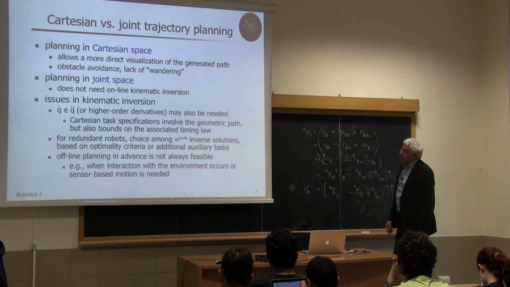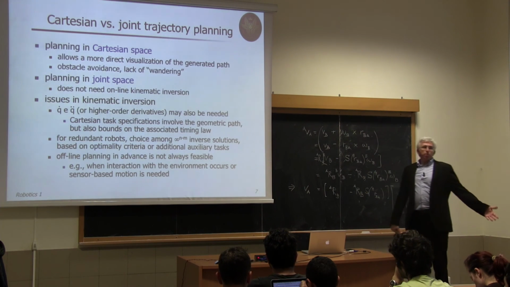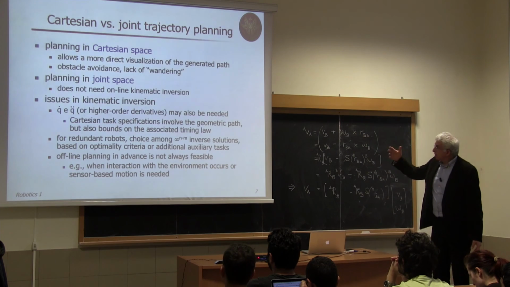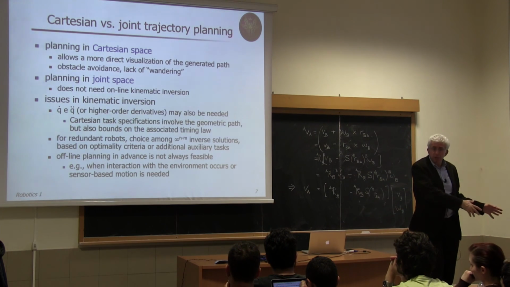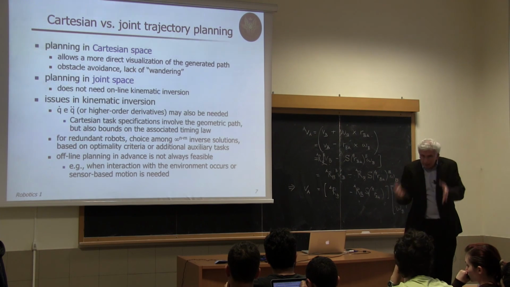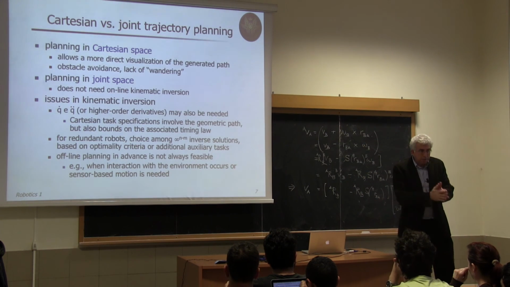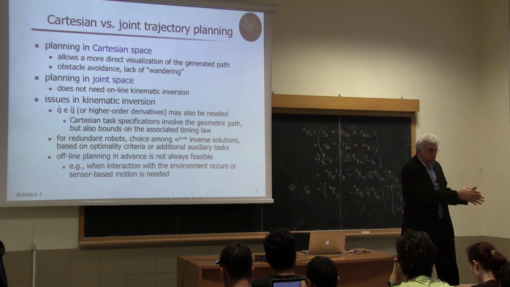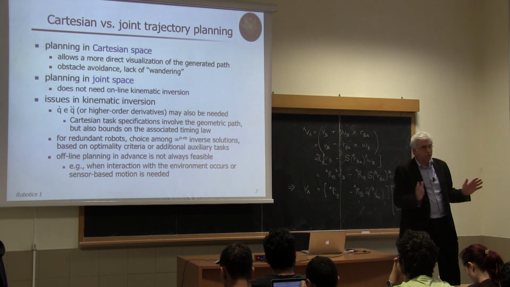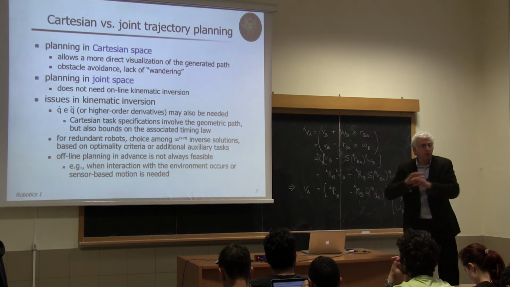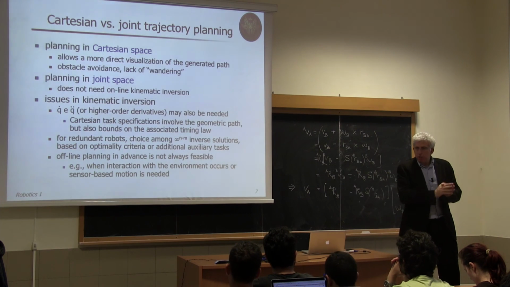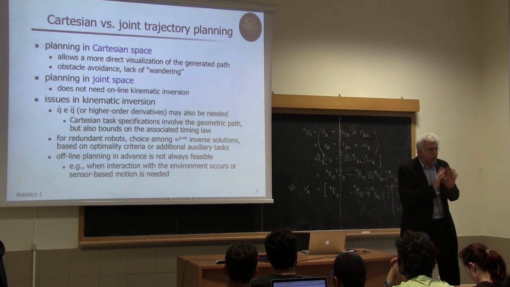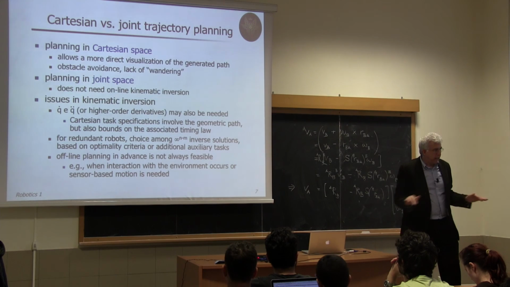Okay? On the other hand, the joint space is not so bad at all because it does not lead to online kinematic inversion. Because once I have defined my reference in the joint space, I have my sensor in the joint space. I can compare the position of the joints with what they should be and control the robot in this way. So inversion of the Jacobian is no longer needed, which means that if I have a trajectory in the joint space, the trajectory can also cross a singularity and nothing happens.